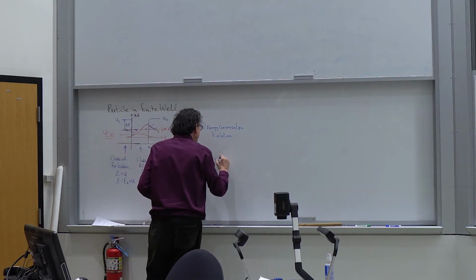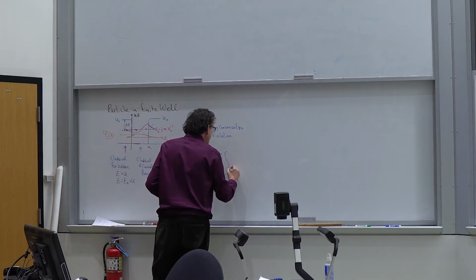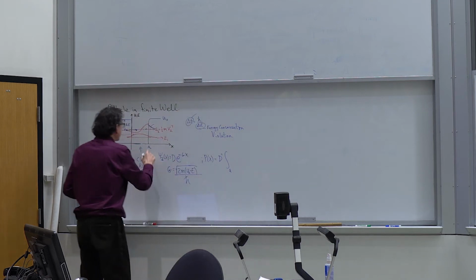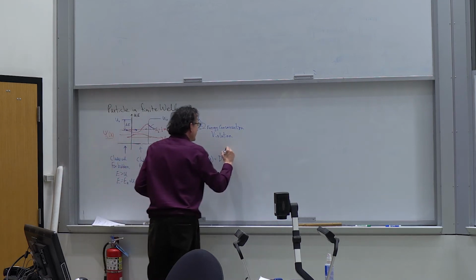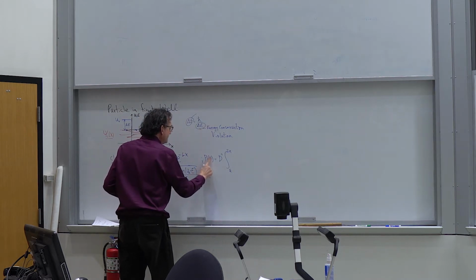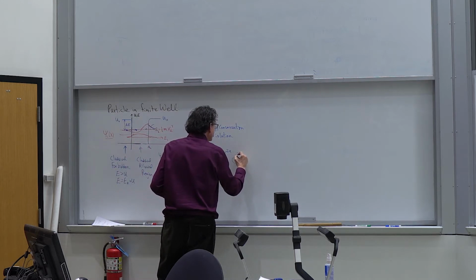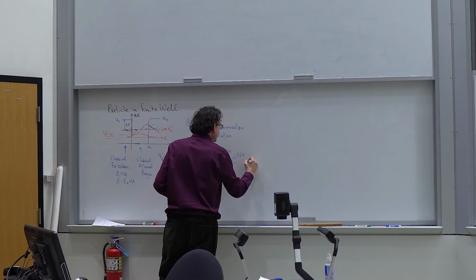So this would be d squared, and if I want to find the probability of it being located, let's say, between a distance a from the origin and a distance 2a from the origin, then this probability would be the integral of d squared times e to the minus 2gx times dx.